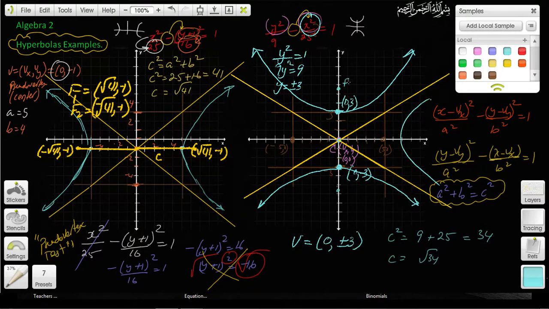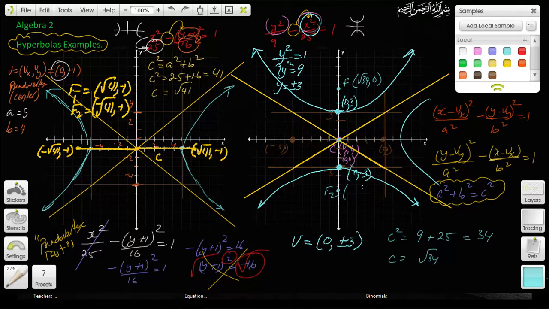Okay, so that's the foci. So the foci are going to be square root of 34 and 0. And that's the first one. Let's do it neatly here. And the second focus is going to be negative square root of 34.